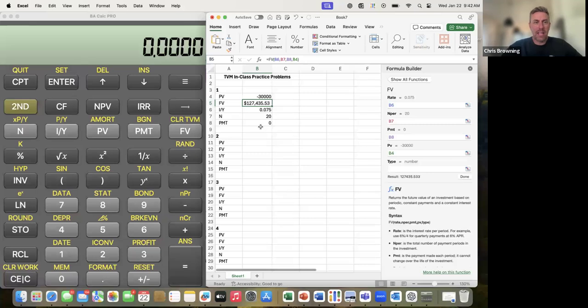The CFP exam in its current format does not allow for computers in the testing site. You can have a non-programmable financial calculator, which is what this is. And so you need to be able to perform these functions inside your financial calculator. All right, so again, here are our 5 functions. In some cases, when we're working in the calculator, order matters.